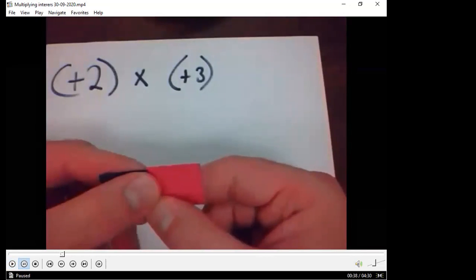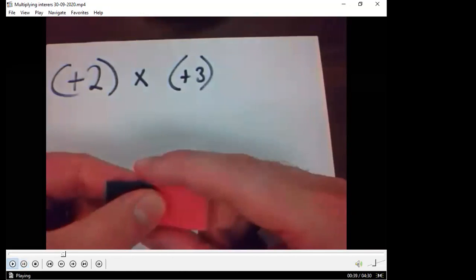This pair together is called what? If I put positive and negative together, this is called what? Grade 7. Zero pair. Zero pair. Excellent. This is called a zero pair because 1 minus 1 equals 0.